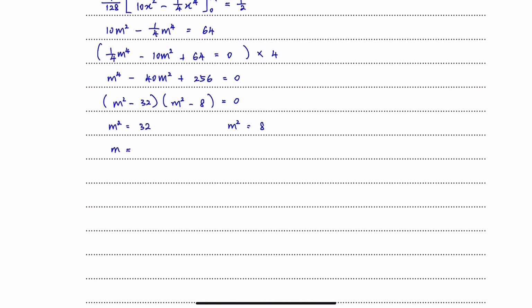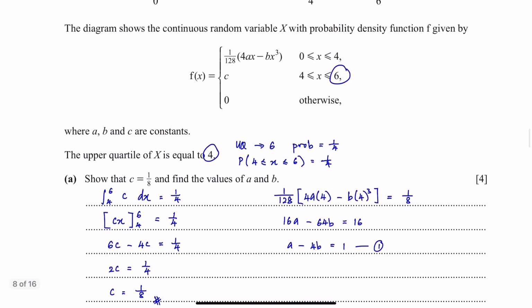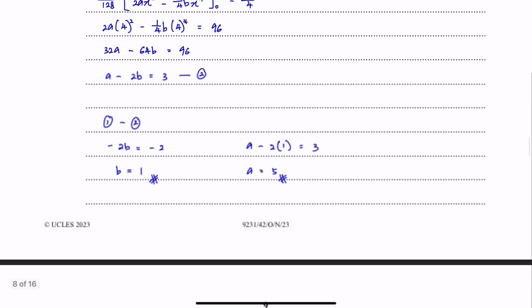So m is plus minus 4 root 2, which we would reject both of them, because positive 4 root 2 is way past this interval over here, and negative 4 root 2 is not even in this expression. It's not even in the domain.